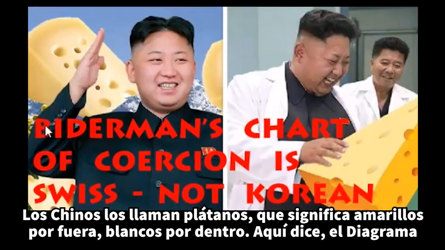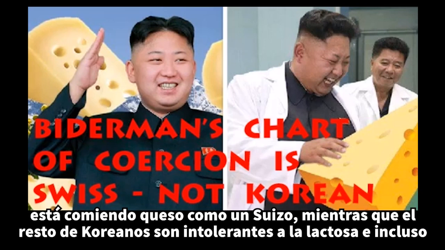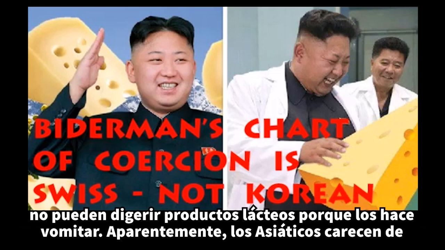So here it says Biderman's chart of coercion is Swiss and not Korean. He's seen with all this Swiss cheese here. So young Kimmy here is eating cheese as a Swissie, while the rest of the Koreans are lactose intolerant and can't even digest dairy products, which makes them vomit.